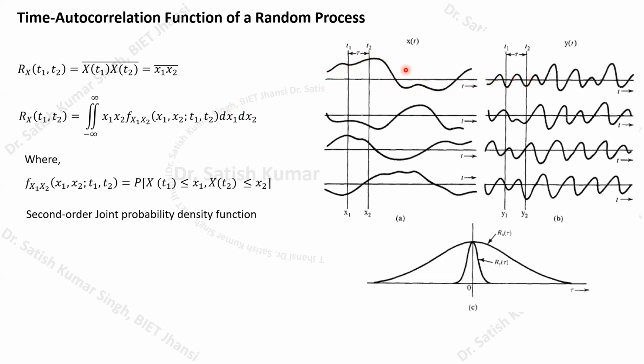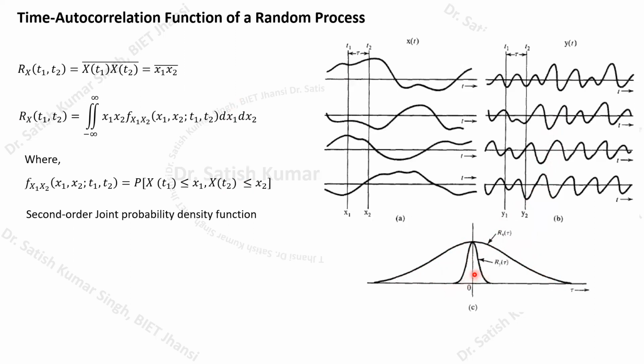Therefore yt has more rapidity and more randomness in it. But xt has comparatively less randomness, and therefore the autocorrelation function of xt, R_x(tau), will have more spread as compared to the autocorrelation of the random process yt.